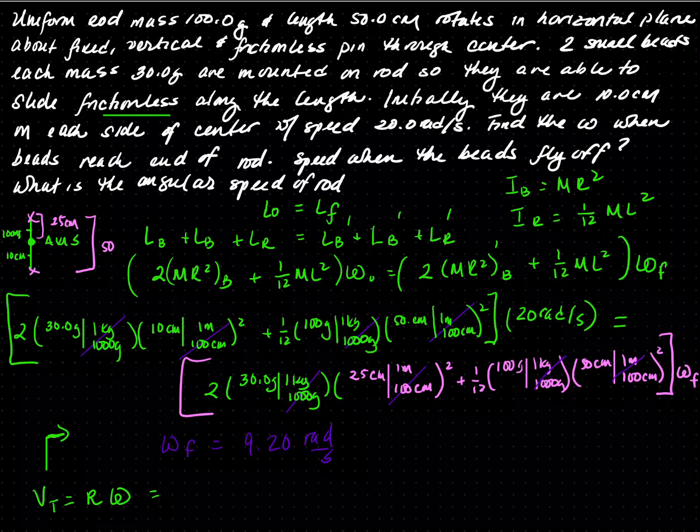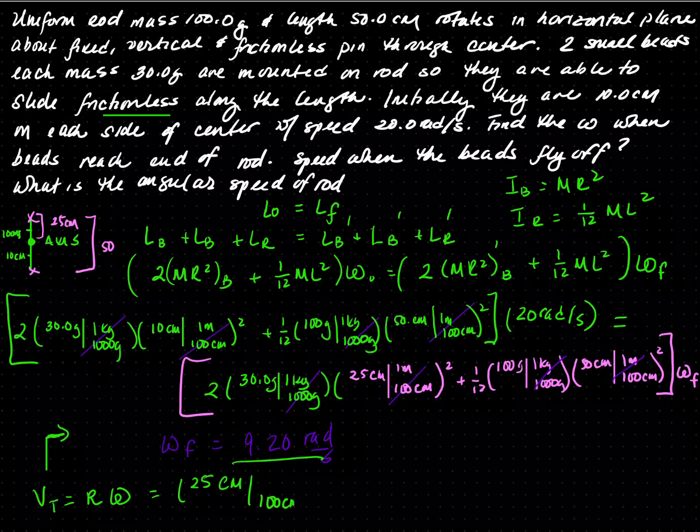And since the entire thing is moving at the same speed of 9.2 rads per second, because they cover the same angular position each time, and then the radius is 25, this one we must convert to get proper units.